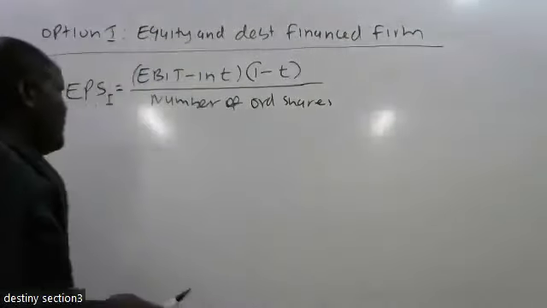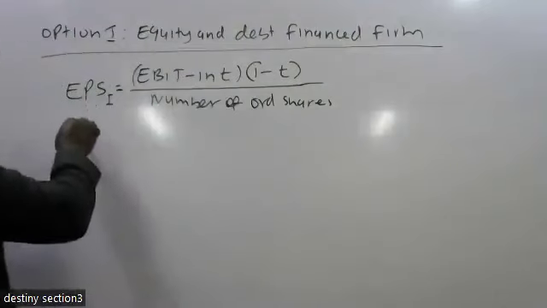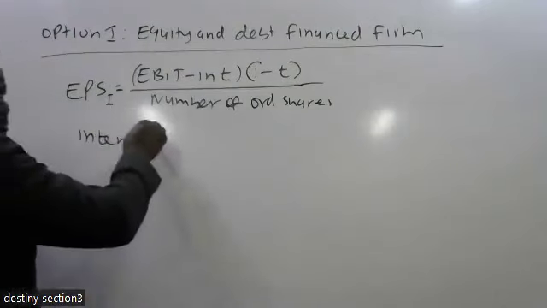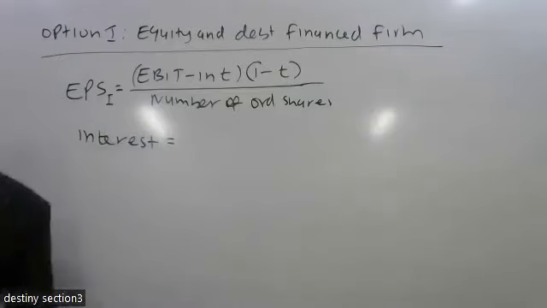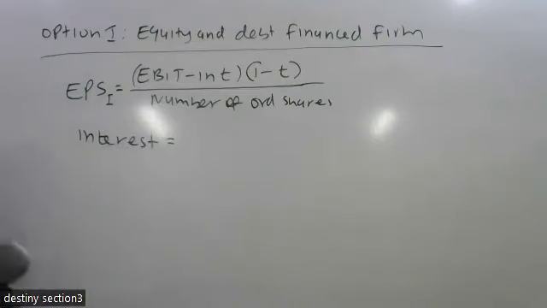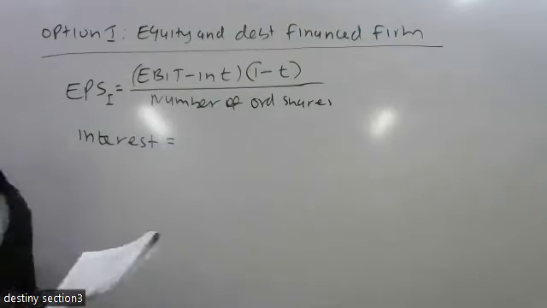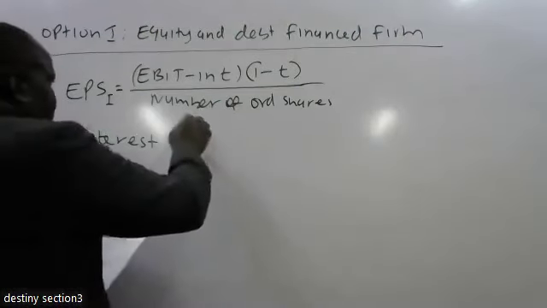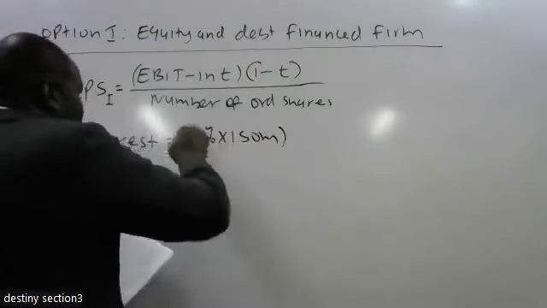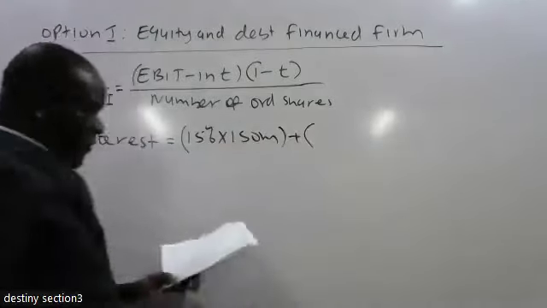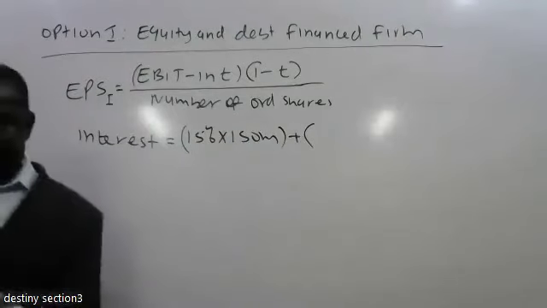So we start off by computing interest. In the current capital structure, there is 15% debentures, and that amount is 150 million. So it will be 15% of 150 million. But under option 1, are you able to see the amount they were supposed to raise?